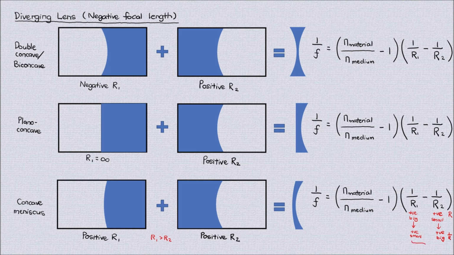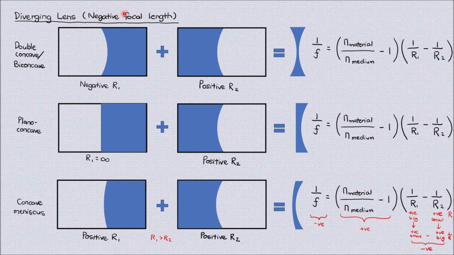If you take something small minus something big, what do you get? You get a negative value. A negative value multiplied by a positive value gives a negative value. So the negative value tells you that the focal length should be negative, just like what we predict for a diverging lens.